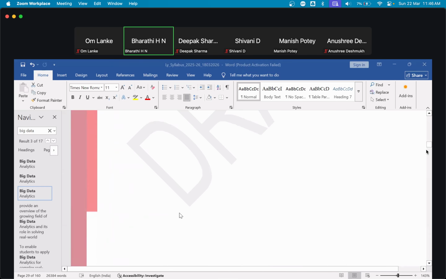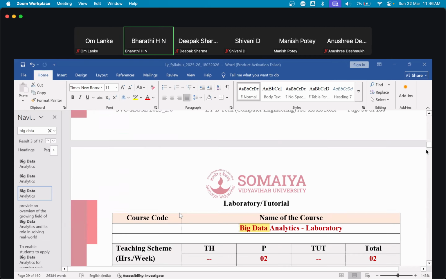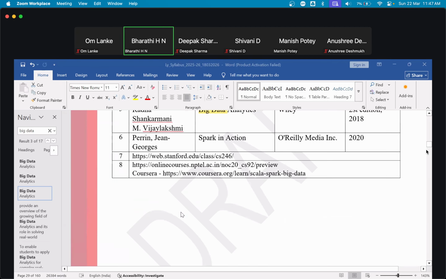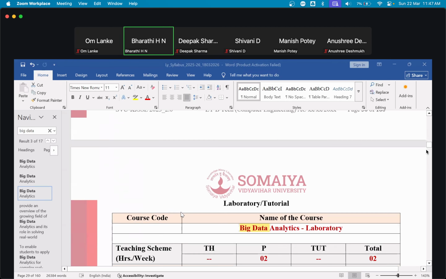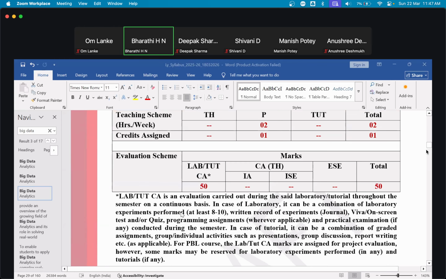The textbooks are available, and online courses like Coursera are also available. So this is from my side. Any queries, you can definitely reach out to me. The practicals, as I told, are about 8 to 10 experiments based on the 5 modules, covering everything from the framework to understanding and recommending the data.